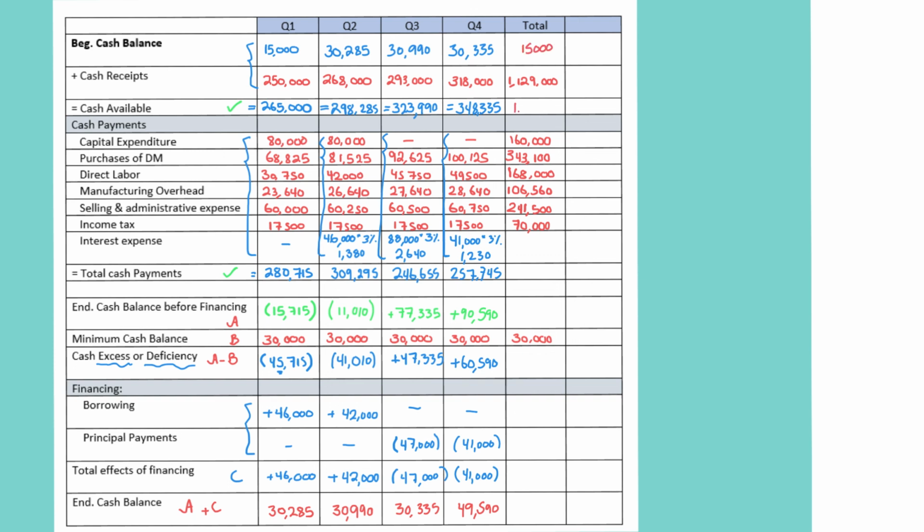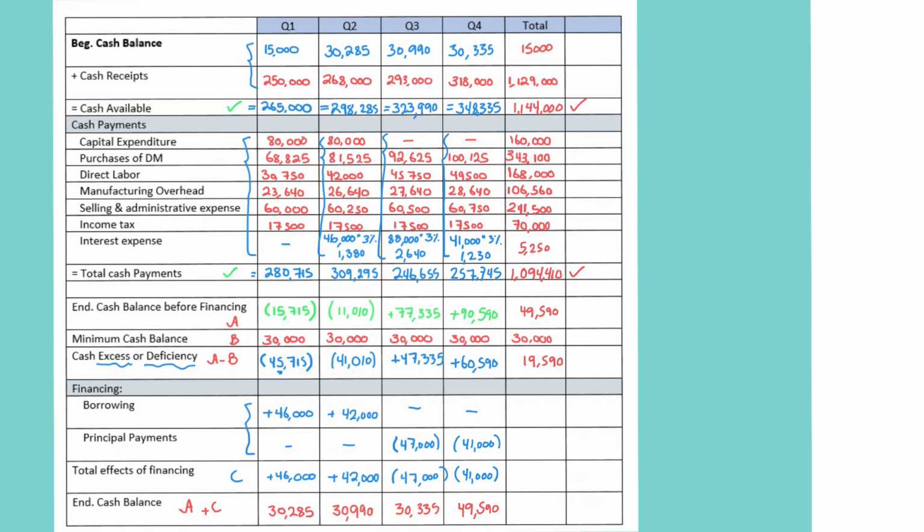Okay. So now for the beginning cash balance, I'm gonna take the beginning, the first quarter, which is 15,000. The total will be 1,144,000. Okay. Total interest paid was 5,250. So the total payments were 1,094,410. Ending cash before financing will be cash available less total cash payments. I'm gonna get 49,590. I'm above the 30,000 by 19,590.